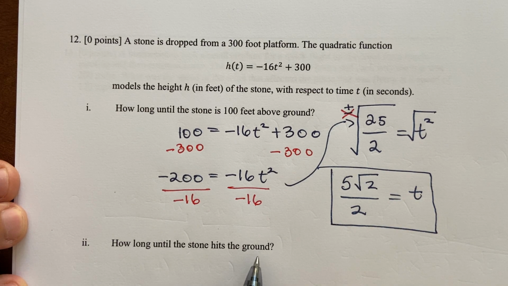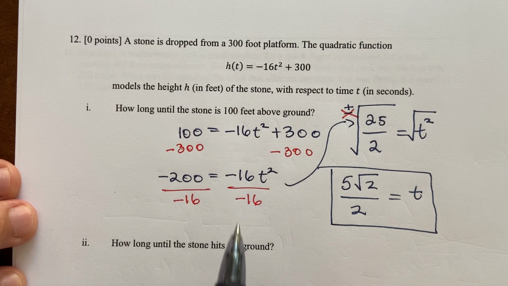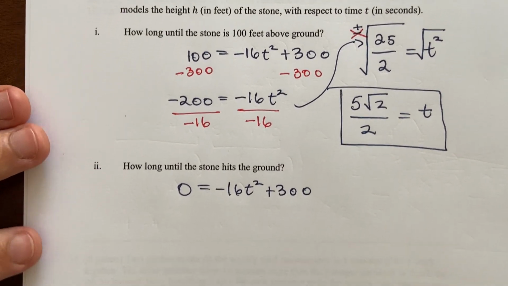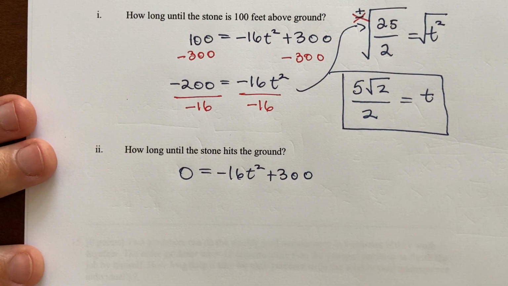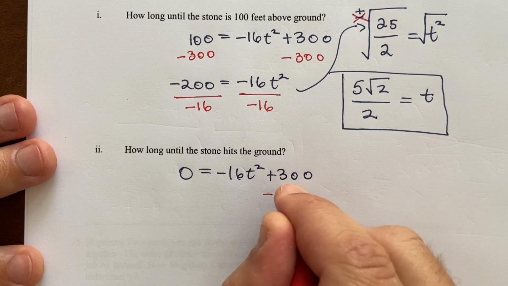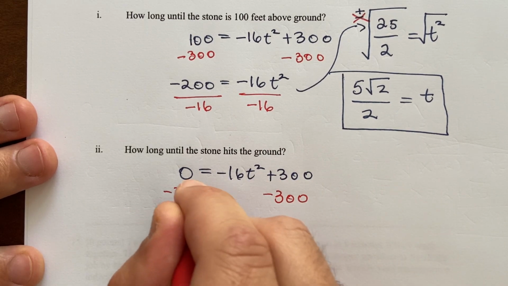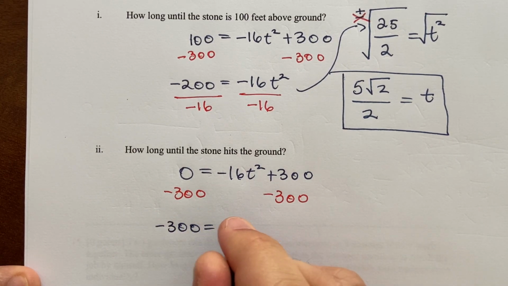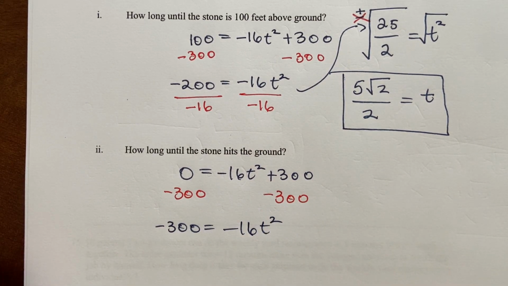How long until the stone hits the ground? Well, now we are concerned about when this thing is 0 feet above the ground, so I'll plug in that 0. All right, solve this for t. I'll subtract over 300. So -300 equals -16t squared.